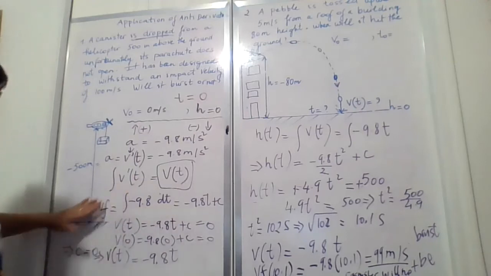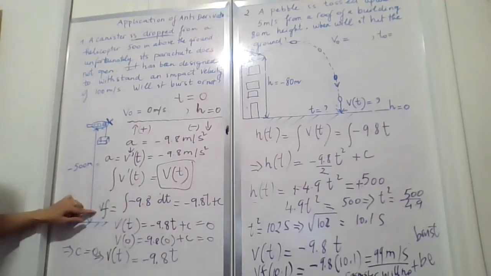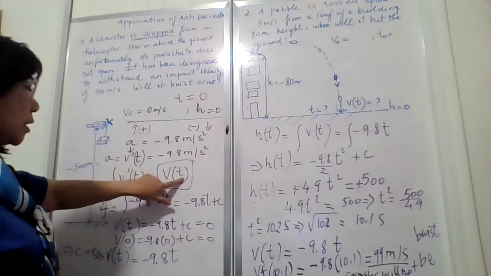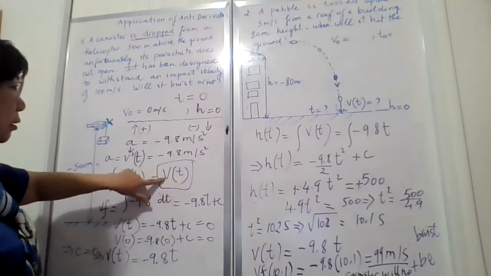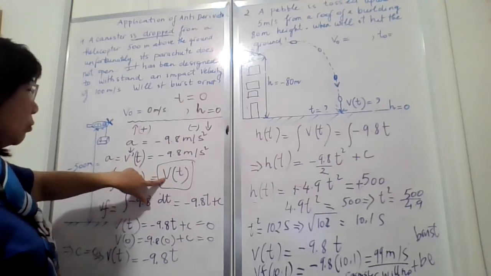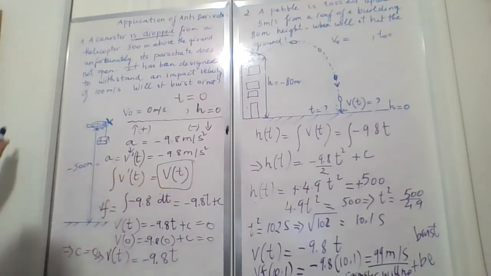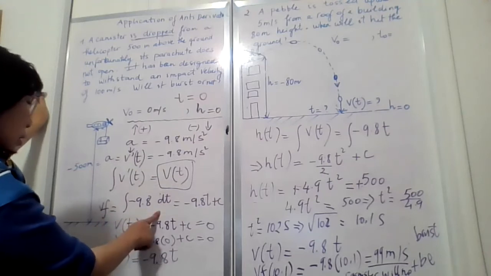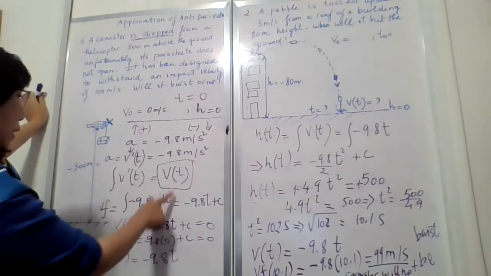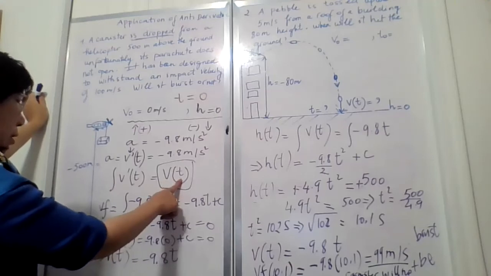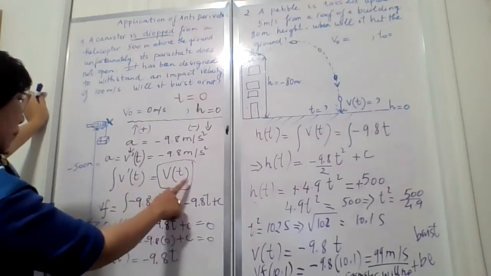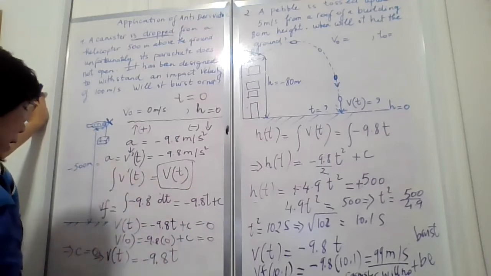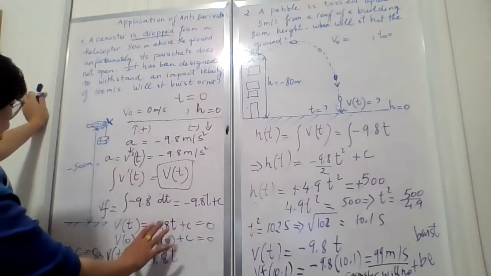We want to find out the final velocity, and to do that we have to apply the time, how long it takes. If we have a function of Vt, we can substitute the t to find the velocity.